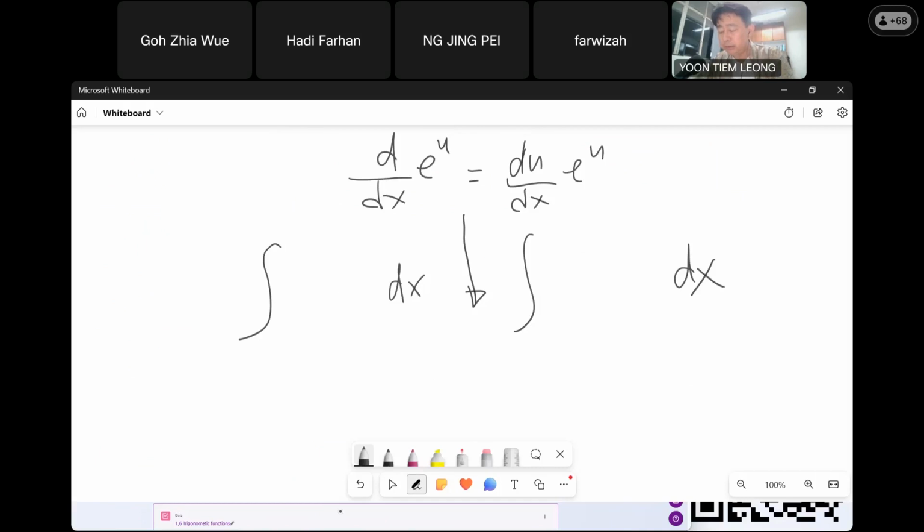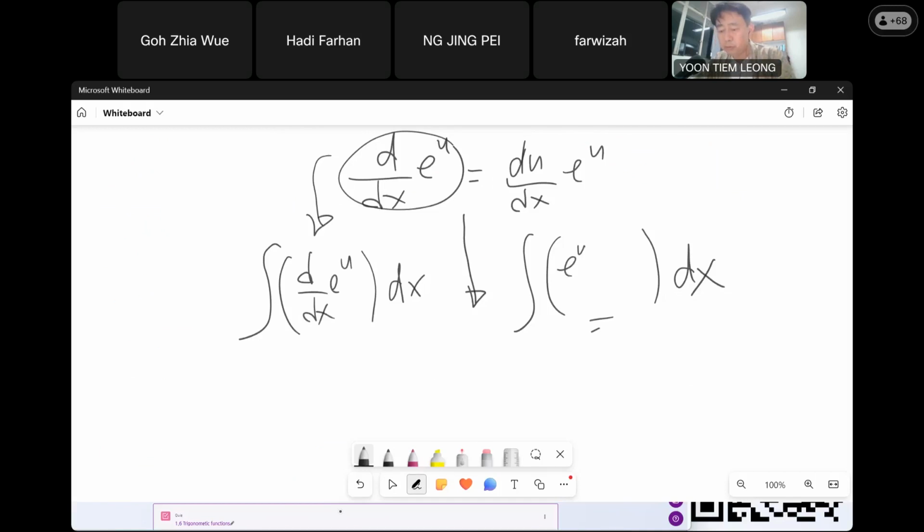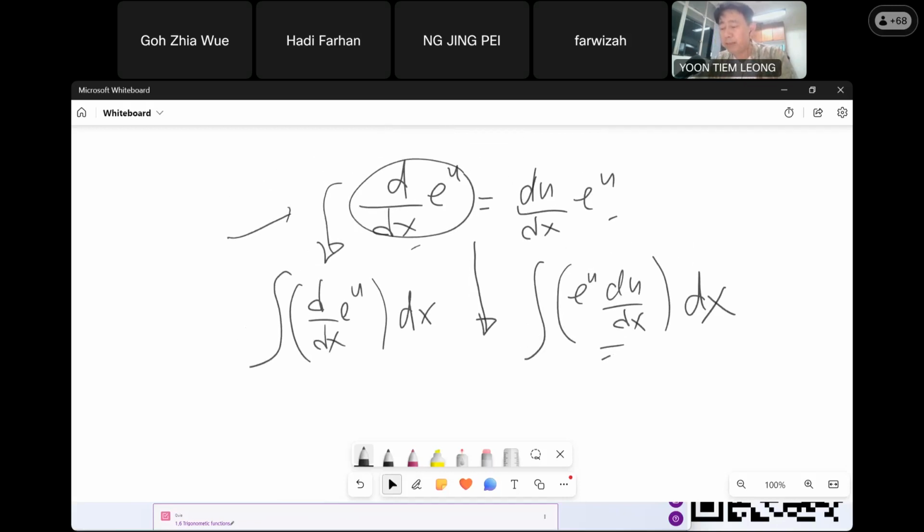So this is the symbol of an indefinite integral. I'm going to slot this into the indefinite integral. This is d/dx of e^u, and here is e to the power u times du/dx. So what I'm doing here is taking the antiderivative on both sides of the equation.